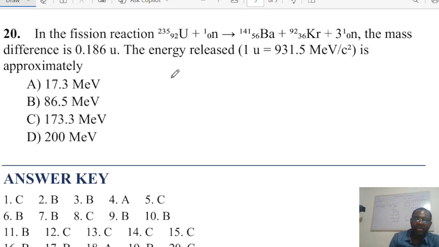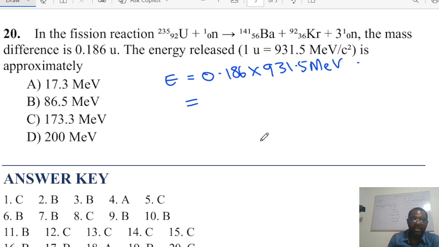Well, it's still the same thing here. That means the binding energy is going to be 0.186 multiplied by 931.5 mega electron volts.